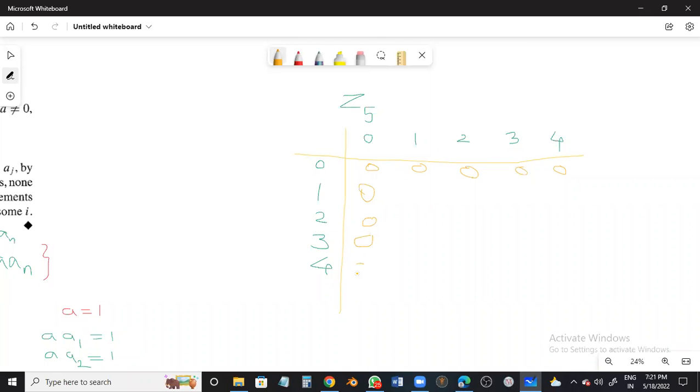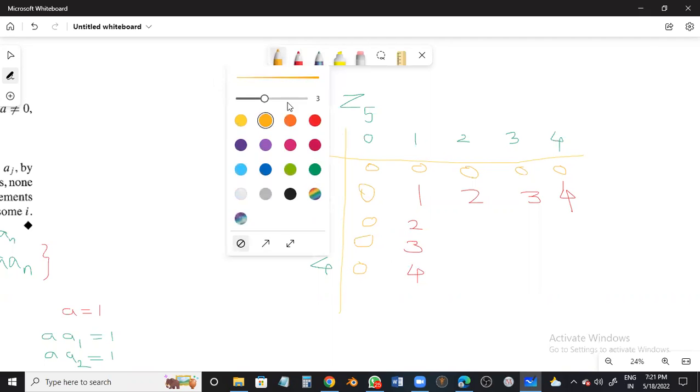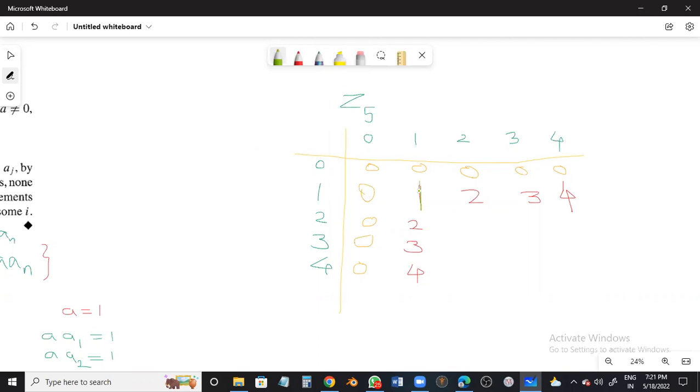Now, if I multiply by 1, the entry remains the same, even vertically. I would like to change the color of 1 because it is the multiplicative identity.